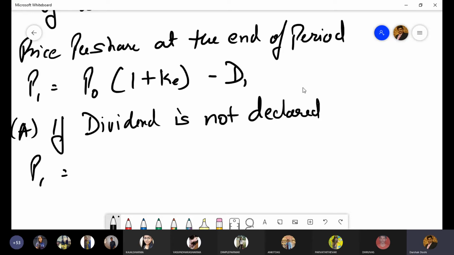P1 is equal to, what is the current market price of share? 100 rupees.